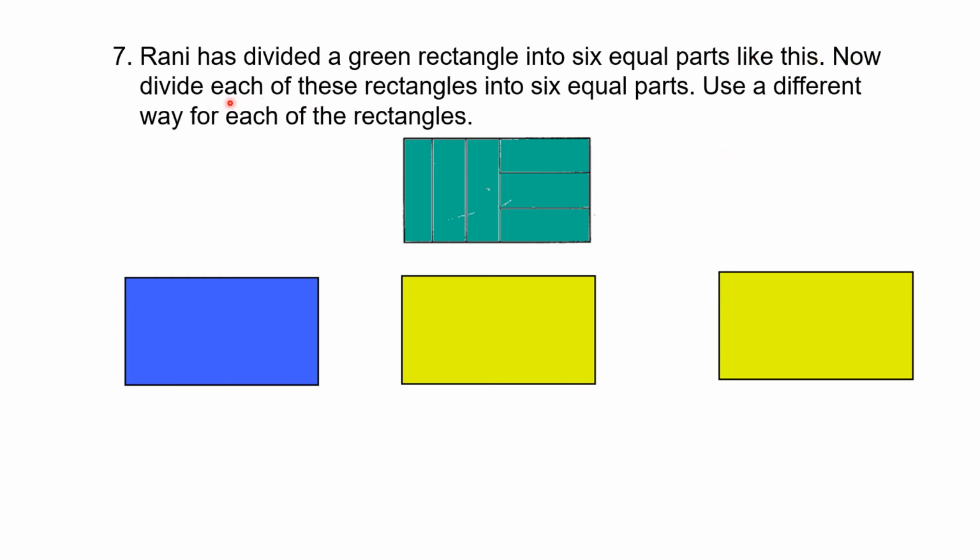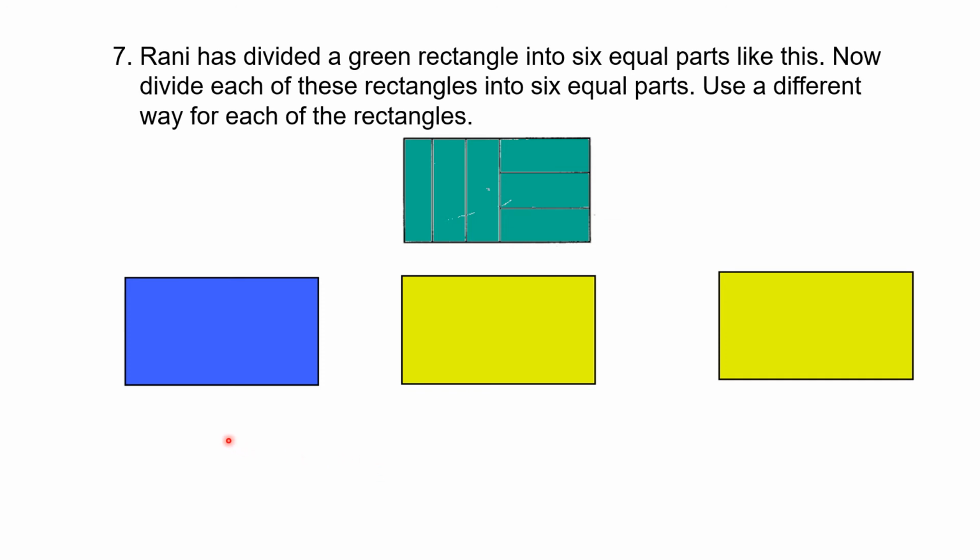Now divide each of these rectangles into 6 equal parts. We have got 3 more rectangles. We have to divide each one into 6 equal parts. Use a different way for each of the rectangles.